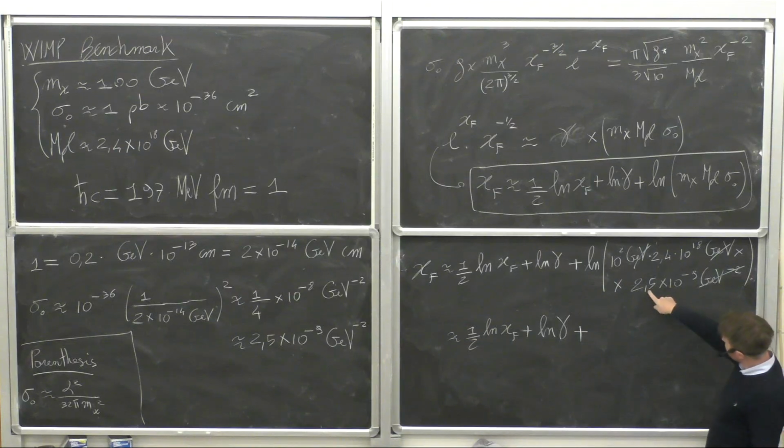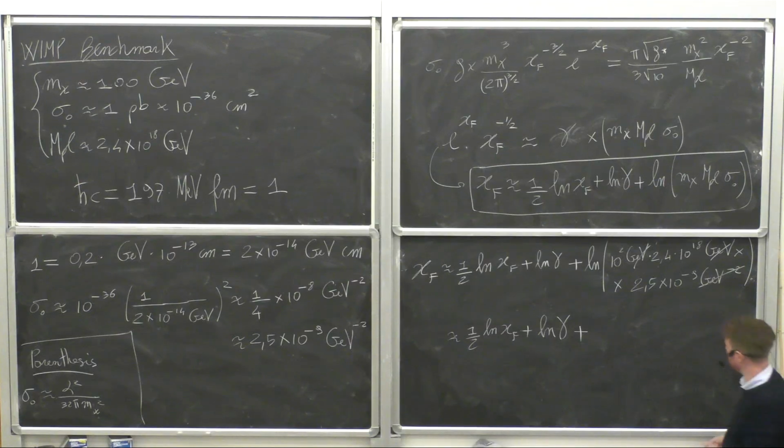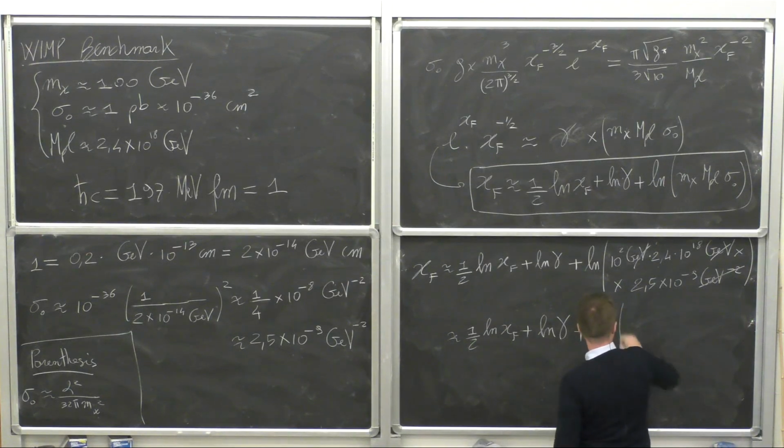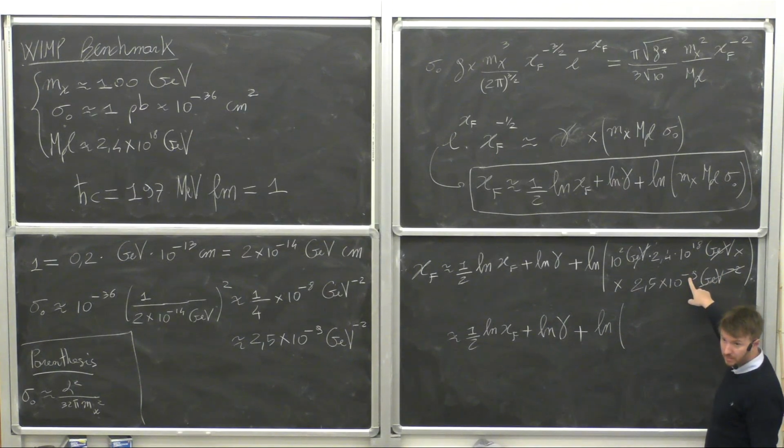So I have 2.5 times 2.4, let's call it a 10. I get 10 from this, 10 squared plus 1, 10 cubed, 3 plus 1, 18 is 21.